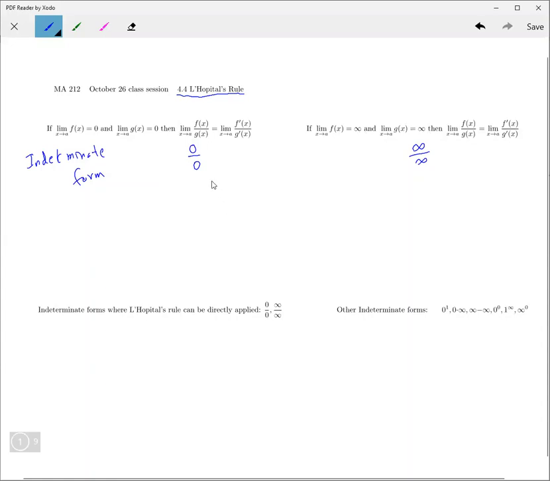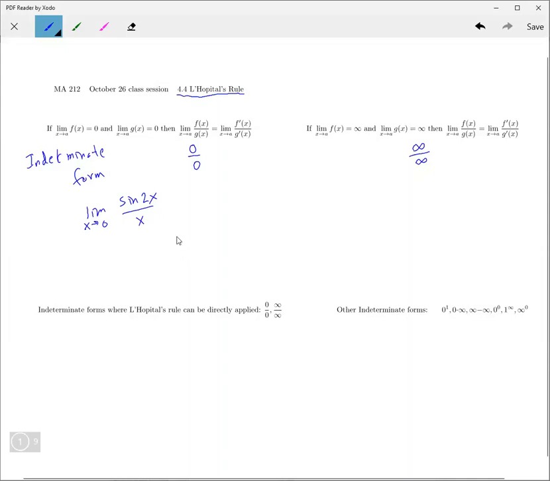So basically, to apply L'Hopital's rule, you need to have one of these two forms. These are indeterminate forms where with 0 over 0, you don't quite know what that's going to be. For example, take the limit as x goes to 0 of sine of 2x over x.